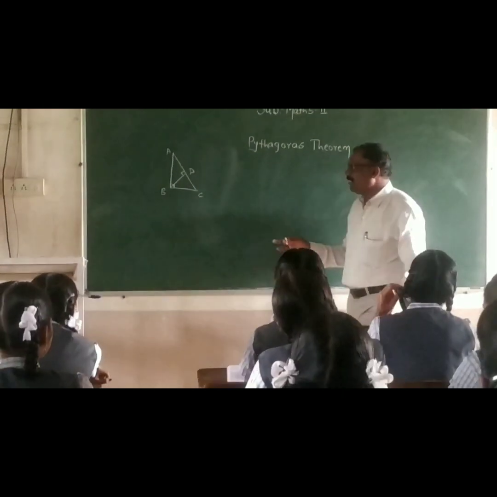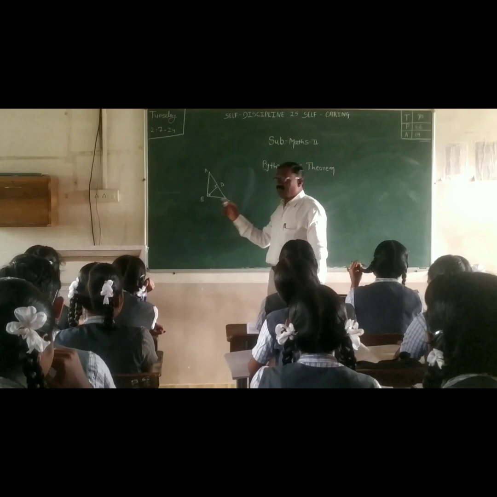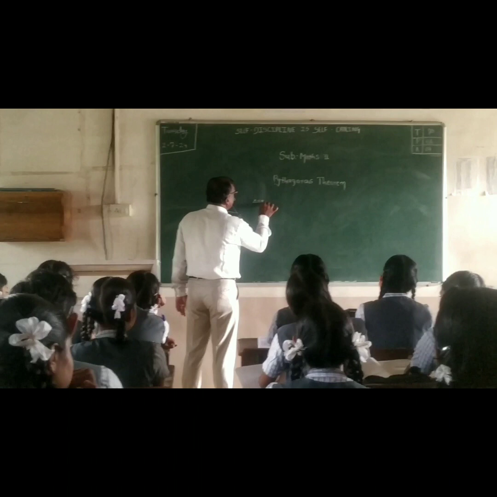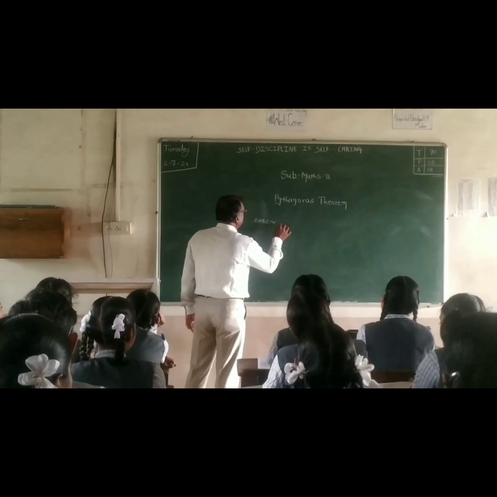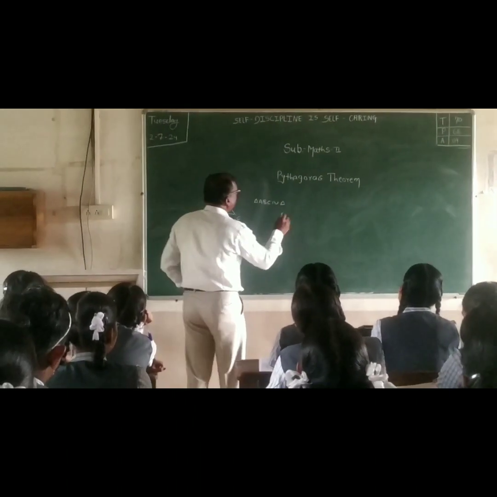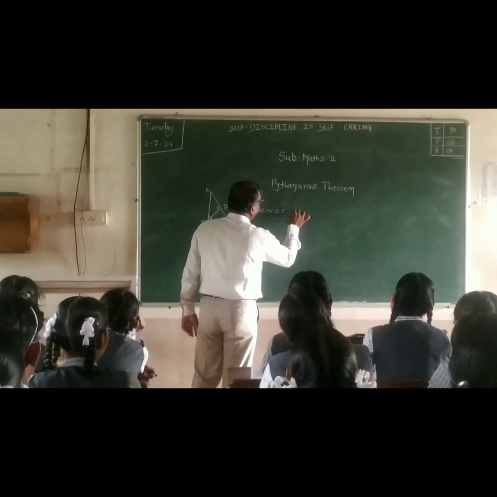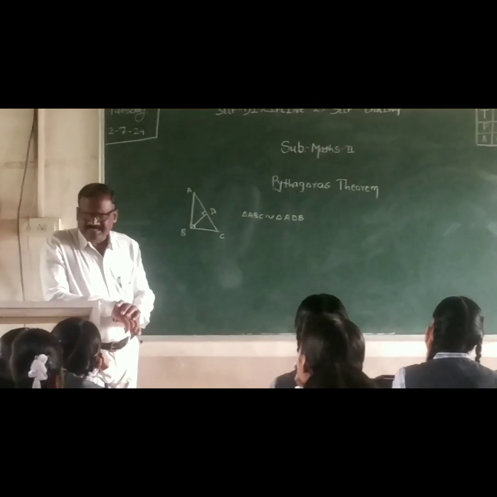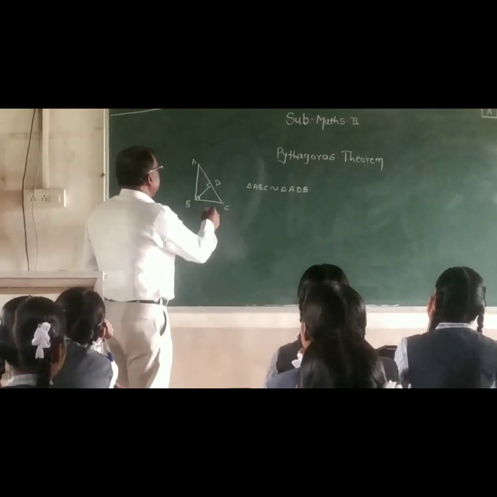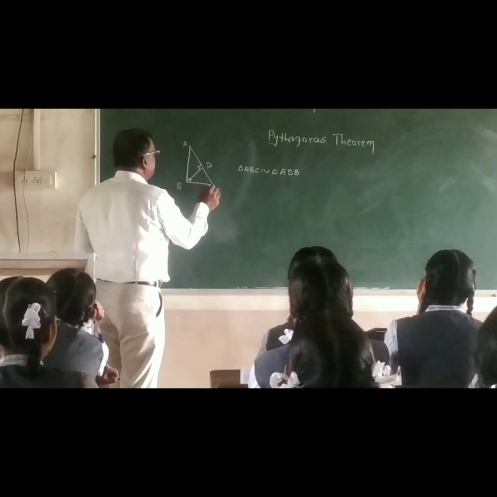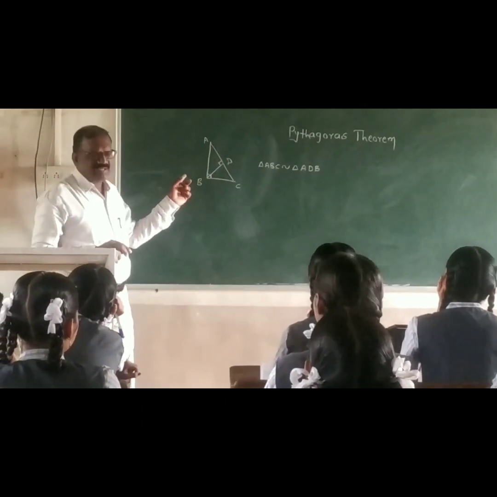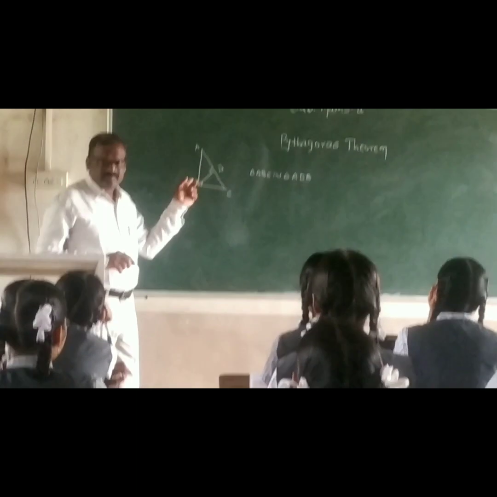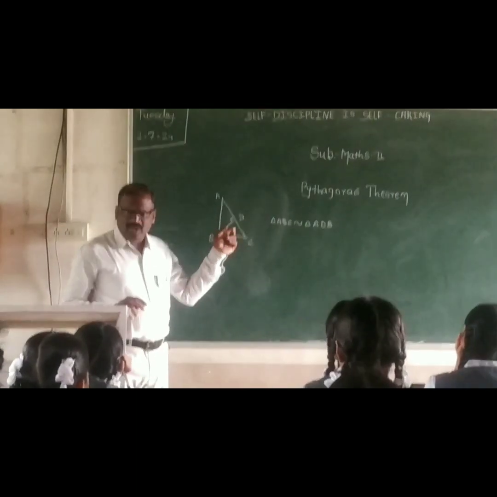These three triangles are similar to each other. Now consider, for example, triangle ABC and triangle ADB. These two triangles are similar. Why similar? Because angle ABC is a right angle, and angle ADB is also a right angle, so these two angles are congruent.